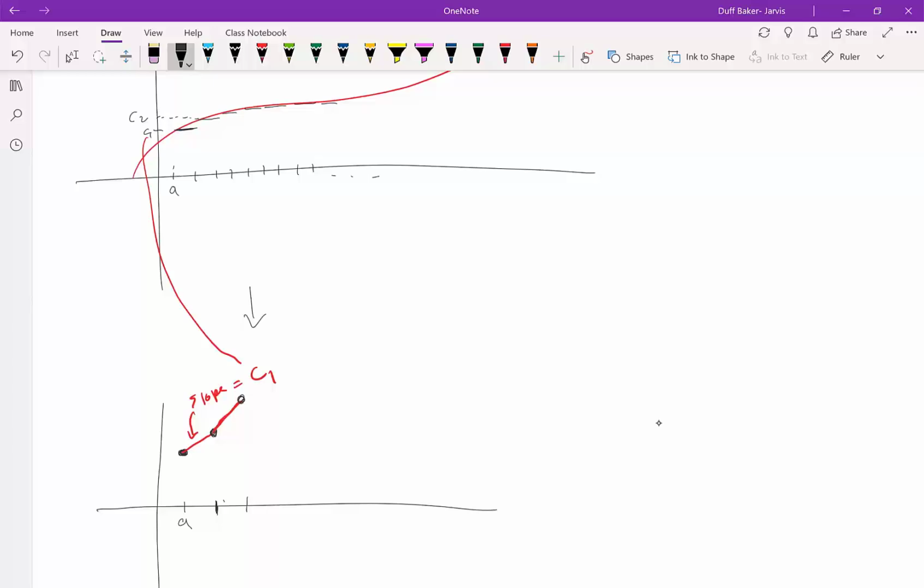Right, and then you keep going. You would have a C3. You'd have another portion of this line with an even slightly larger slope. And you could keep doing this forever. But that's the main idea.